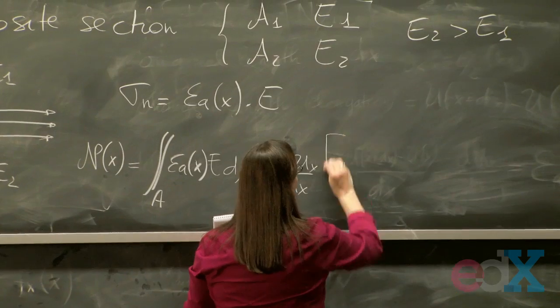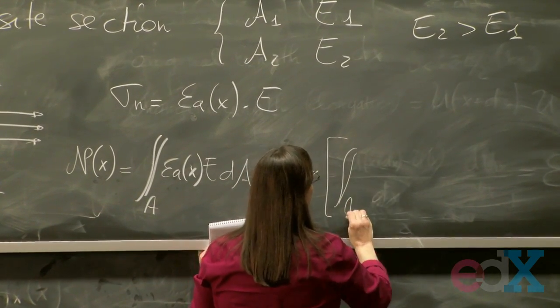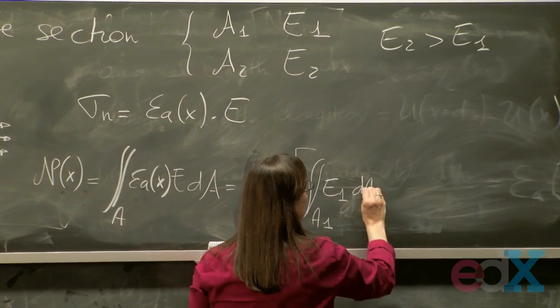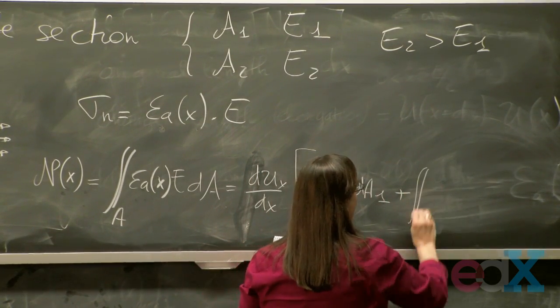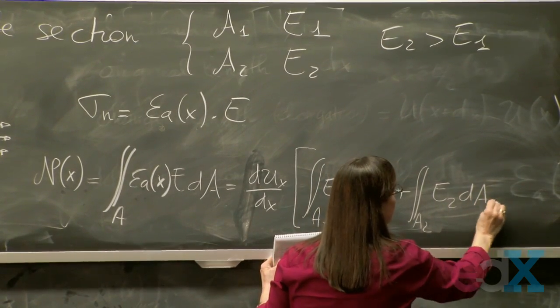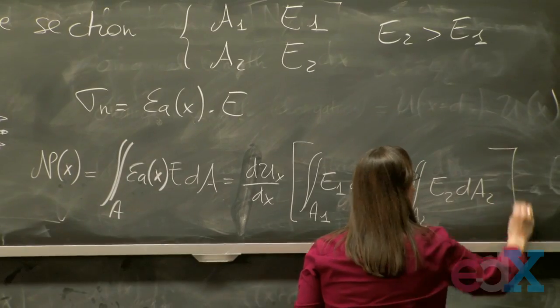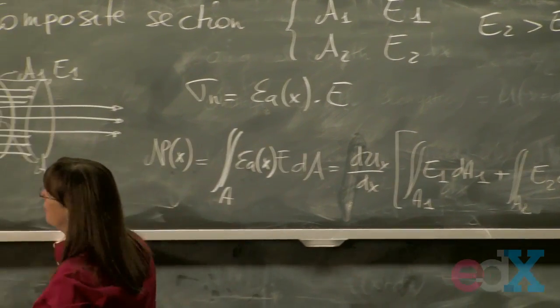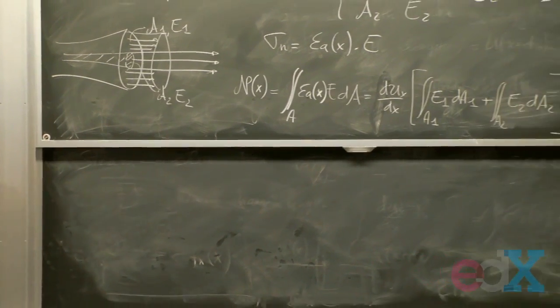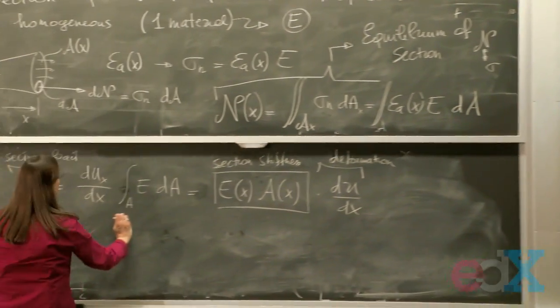But then I need to split the integral over area 1, where the modulus is E1, plus area 2, where the modulus is E2. So out of that, I now get a relationship which is similar to this one.